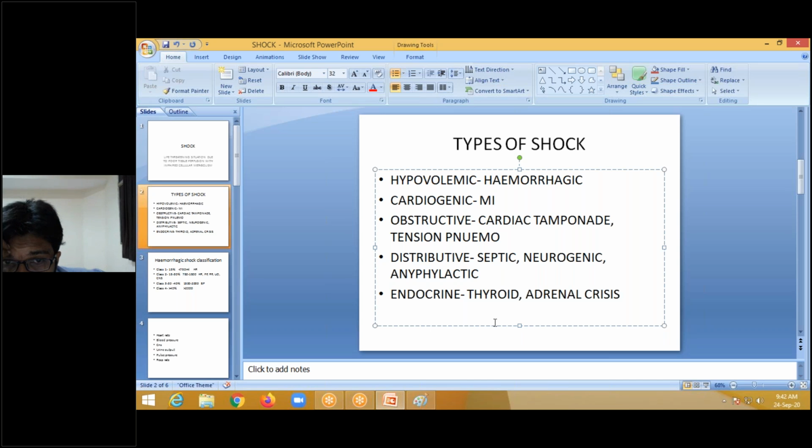So you may understand the crux of the types of shock. Now we can see how these all differ. Can anyone remember the classification of hemorrhagic shock?